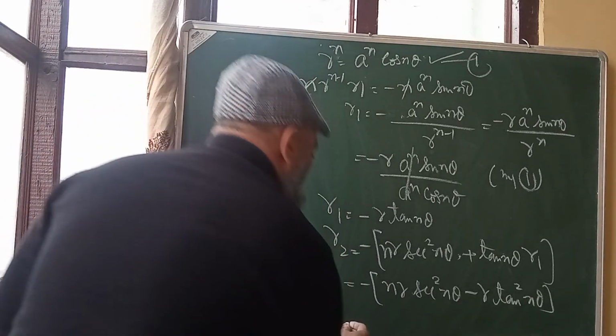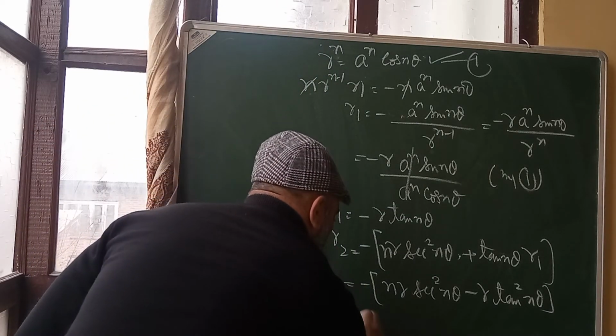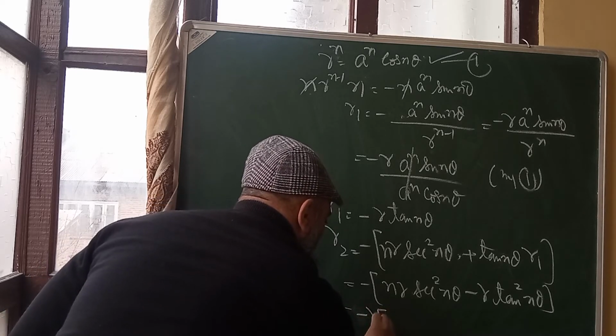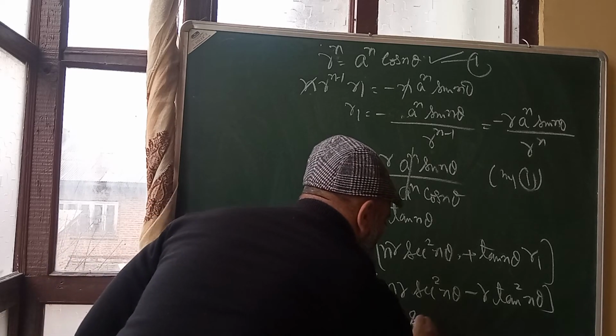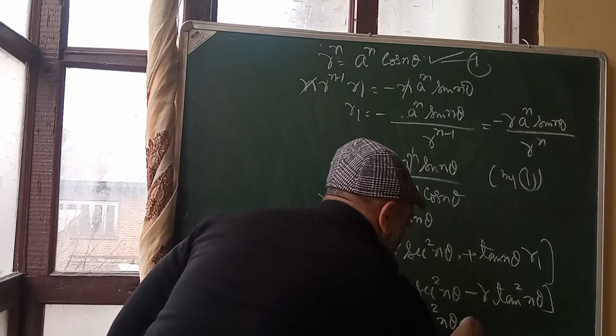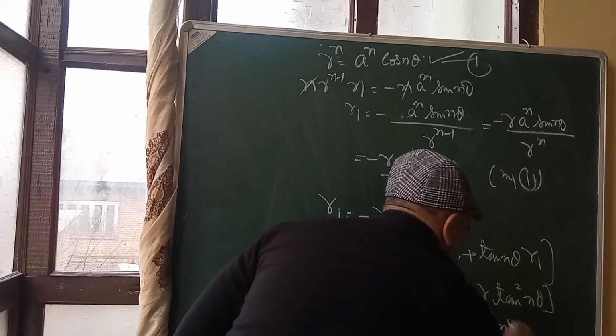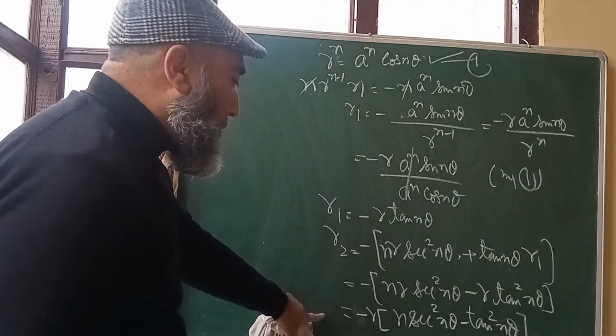So you can take r outside. It is minus r times n sec square n theta minus tan square n theta. So this is r2.